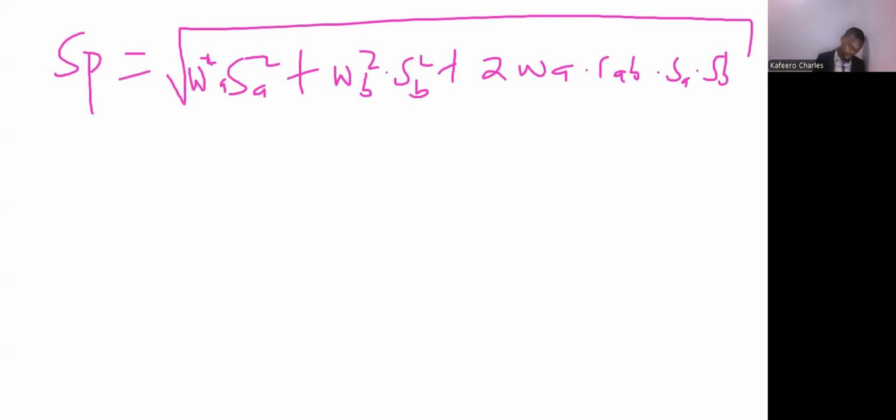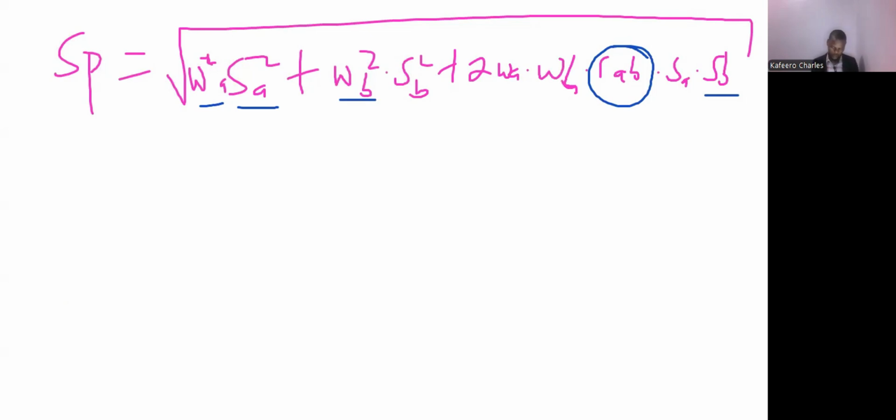These S represent the standard deviation. This is the standard deviation of asset A. This is the standard deviation of asset B. This is the weight of asset A. This is the weight of asset B. The whole of this is the correlation coefficient between A and B. There's also the weight B. This is weight A times weight B. So that's how it is written.